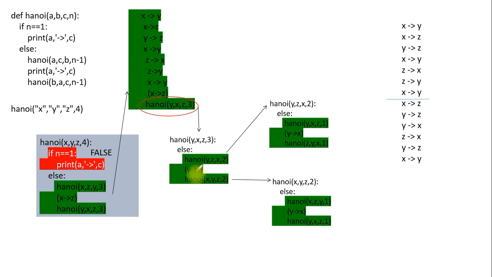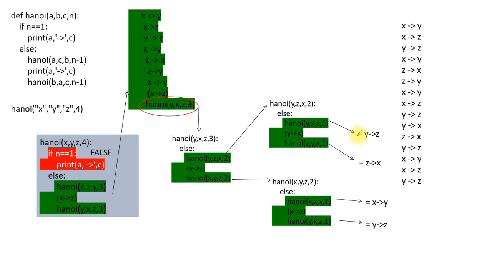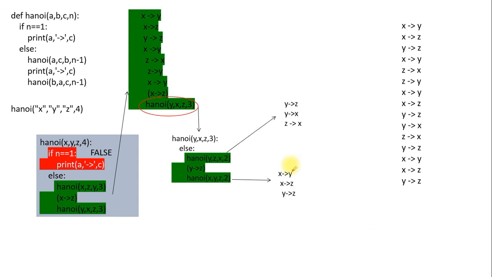So again we'll do the same thing. You can just pause and check by yourself, and from this one we will have y to z, z to x. It will be here and it will be here. There will be 3 and there will be 3. So this 2 will be here and this 2 will be here.